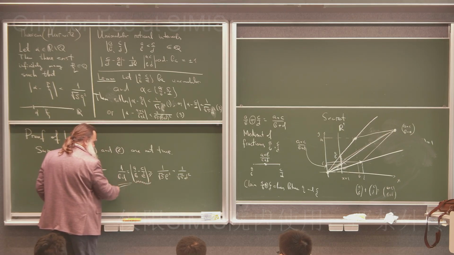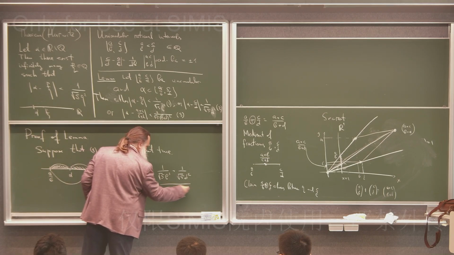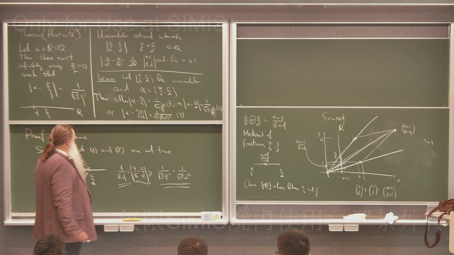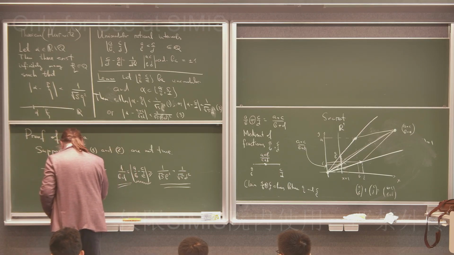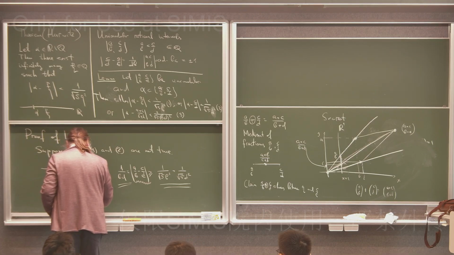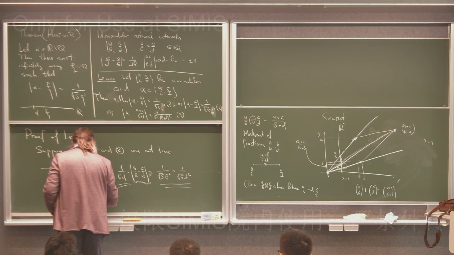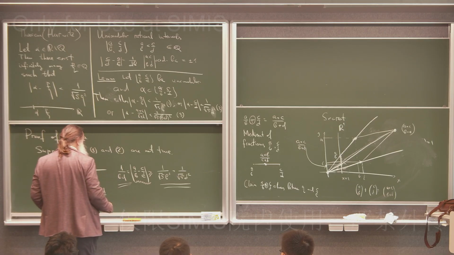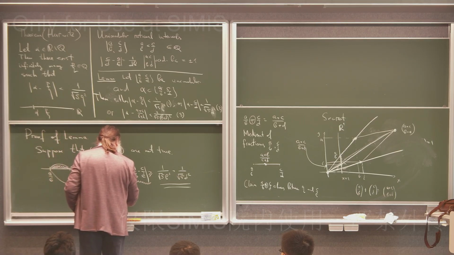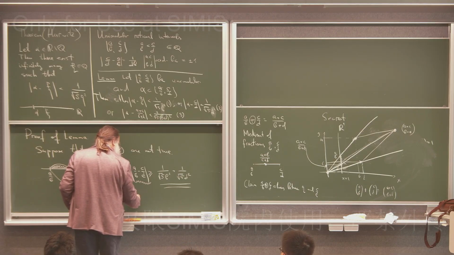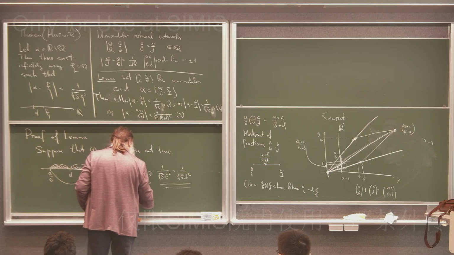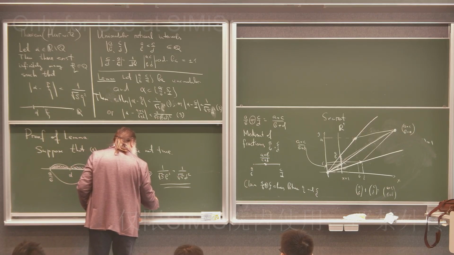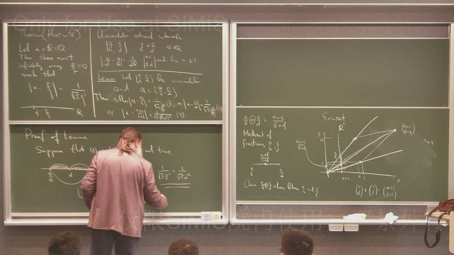So this is greater than that. Let us multiply this inequality by d squared. Let psi be d over b. Then this inequality turns into psi greater than 1 over square root of 5 times psi squared plus 1.